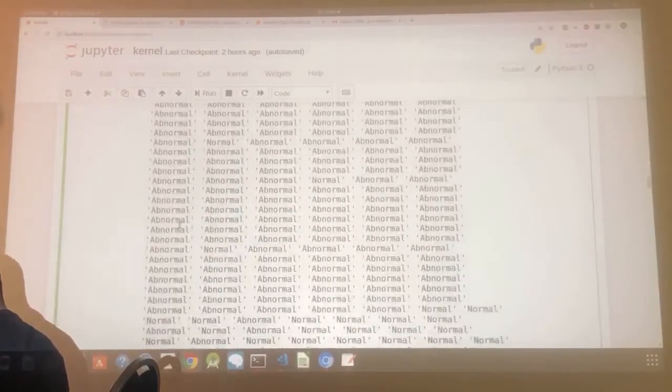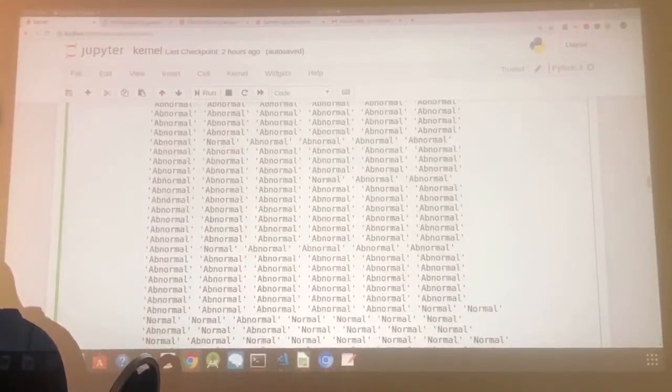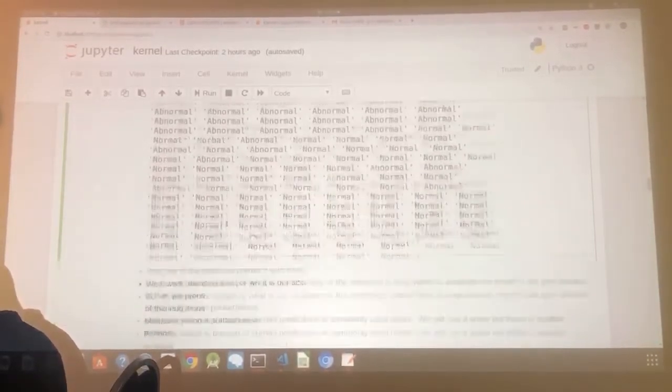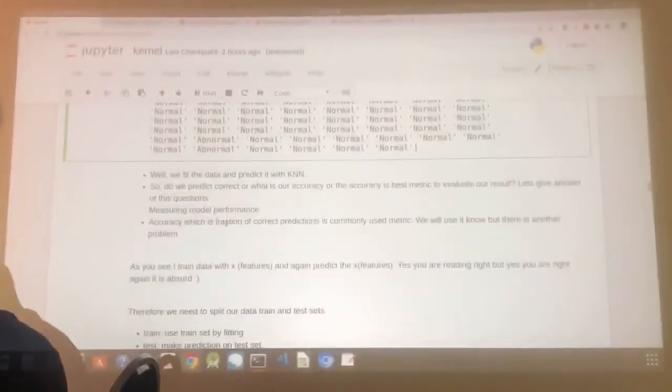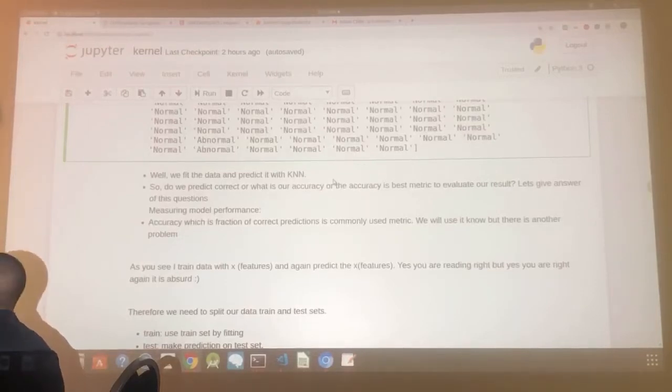I just did it in 3 steps and was able to predict, but I know amongst us there are people who are normal, or else they're abnormal. So we need a metric to say how well this thing is performing. And like I said, is accuracy the best metric to say whether an algorithm is performing best or not? That's the question.